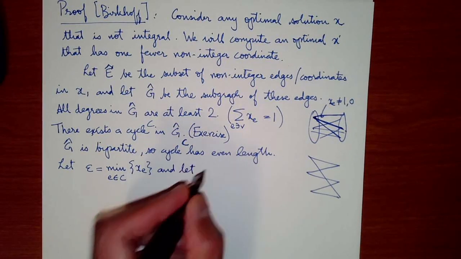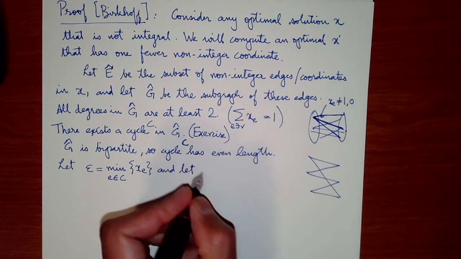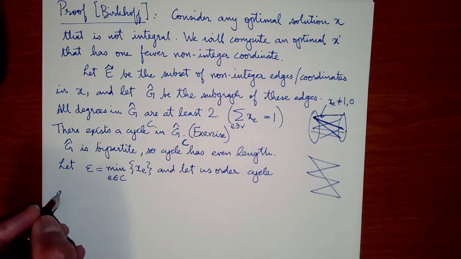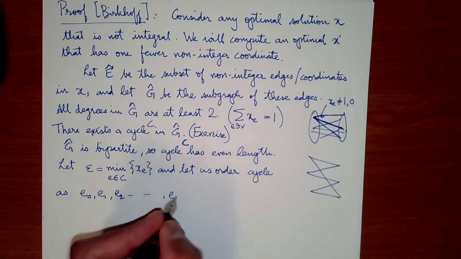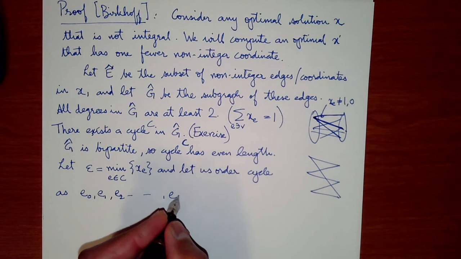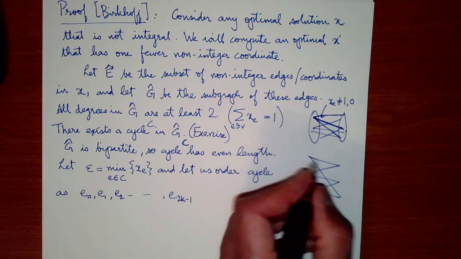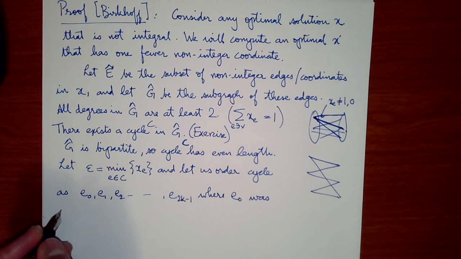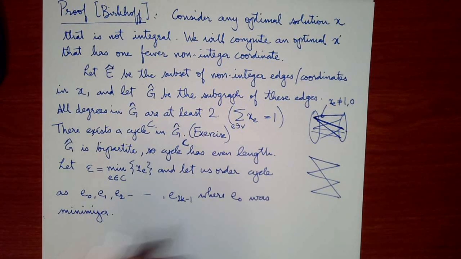And just for convenience, let us order the cycle as e0, e1, e2, going all the way up to e of 2k minus 1, where e0 is a minimizer.